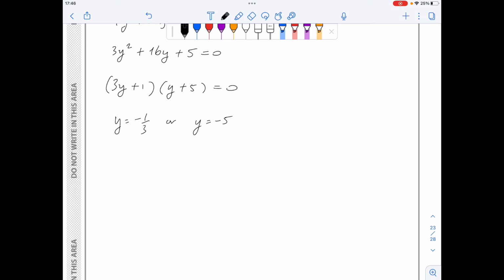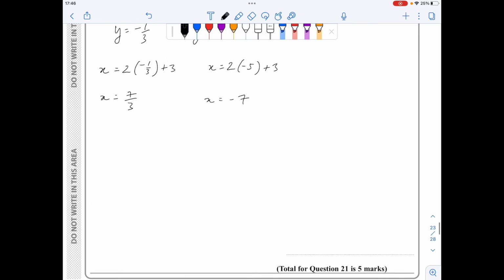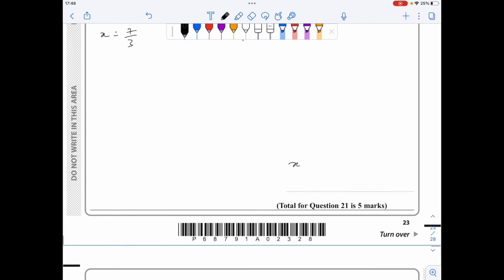And if I substitute these values into the blue equation above, I'll get x equals 2 times minus 1 over 3 plus 3. So x is 7 over 3. Or x equals 2 times minus 5 plus 3. So x is equal to minus 7. Final solution, x equals minus 7 with y equal to minus 5. Or x equals 7 over 3 with y equals minus 1 over 3.